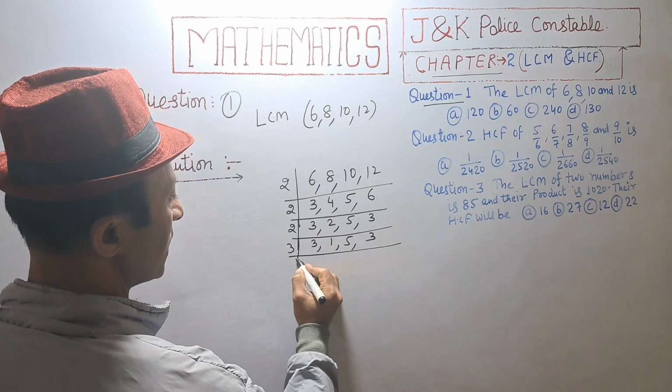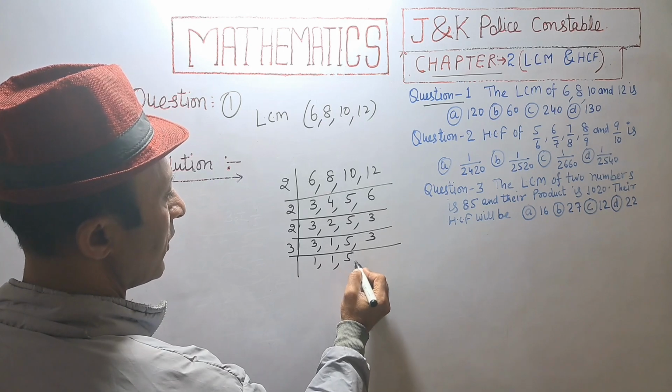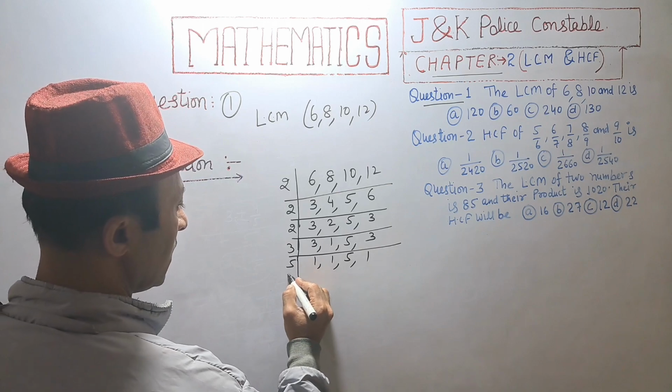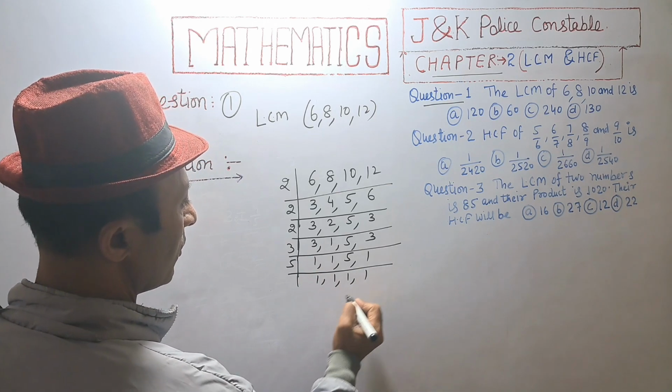Then 3, 1, 1, 5 as it is, 1. And 5, 1, 1, 1, 1.